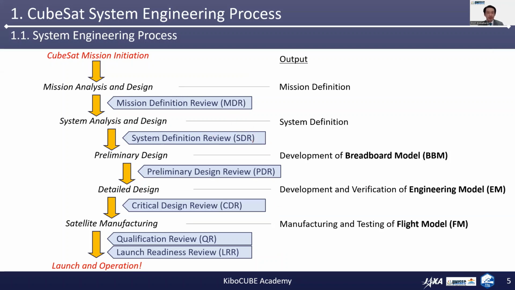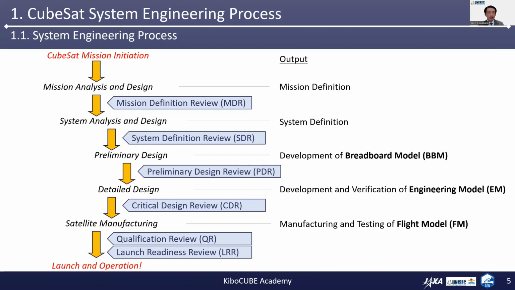The next step is the preliminary design activity. In this activity, it is often the case that the prototype of satellite components are developed and tested in a so-called breadboard model level. The results of the preliminary design are reviewed in the preliminary design review, or PDR. Then the next step is the detailed design process.